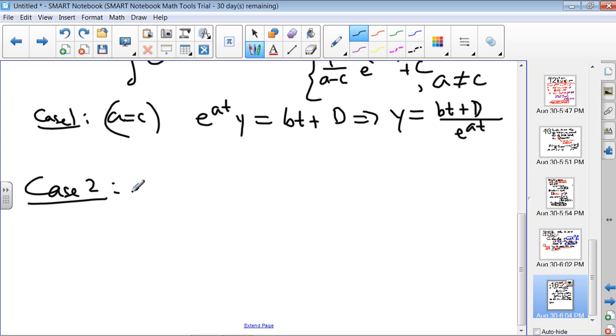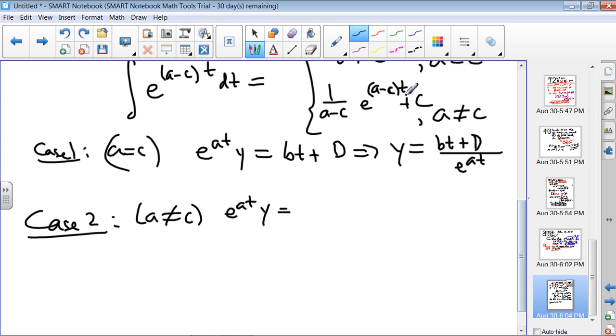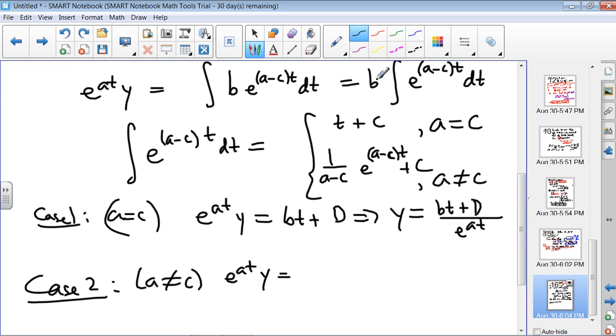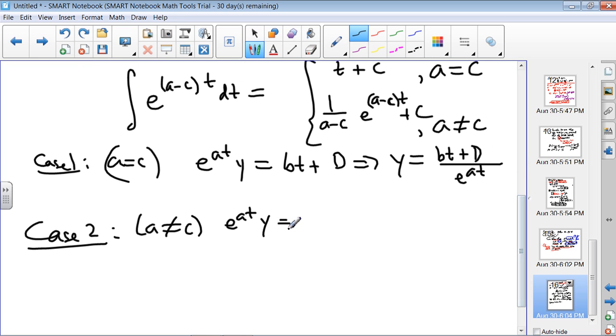So if a is not equal to c, our left-hand side is still, again, the same thing. But the right-hand side is now this slightly uglier mess. Now remember, we need to multiply all of that by b. Okay, so we get b over a minus c times e to the a minus c t plus some other number, and that's b times c.